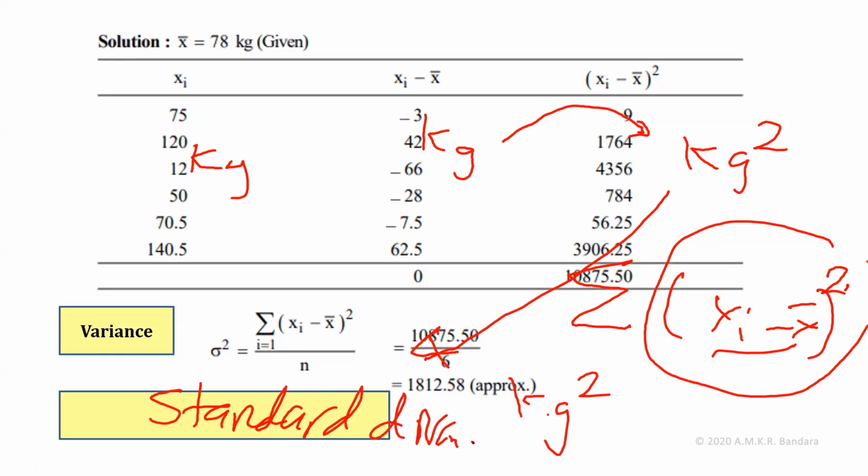It is nothing but the square root of variance. The square root of variance we call the standard deviation. So the unit of measurement of standard deviation is the same as the original measurement, kilogram.